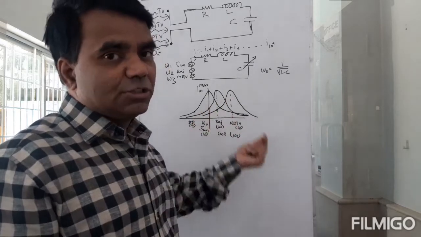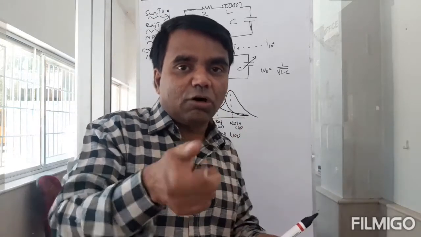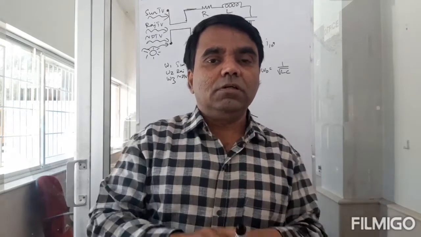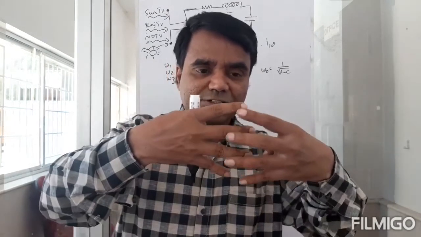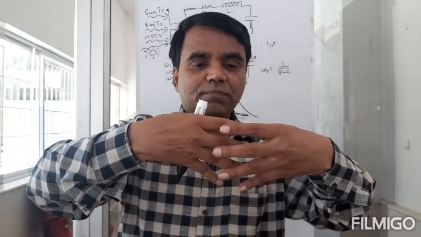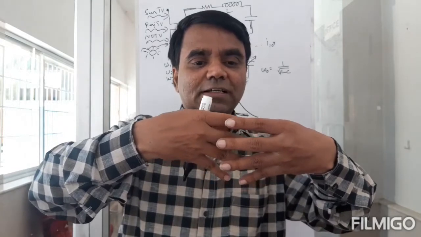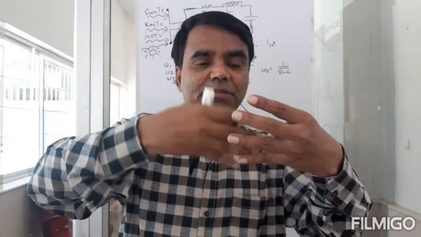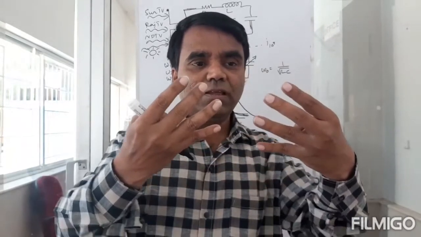This is what is called tuning. So when you turn the knob of a radio, that is what you are doing. Actually, there is a set of parallel plate capacitors, and when you turn the knob, the plates come out, so the area between the plates will reduce.